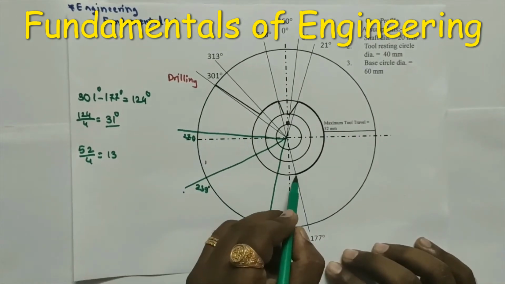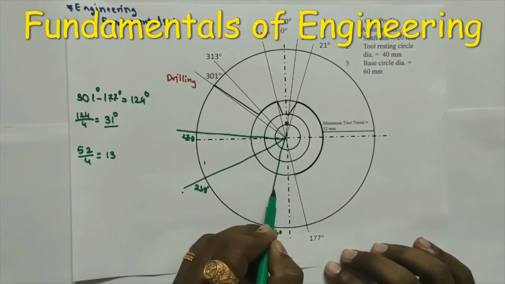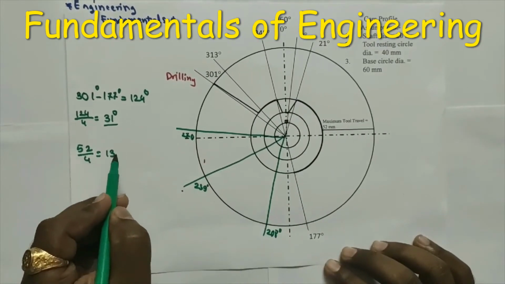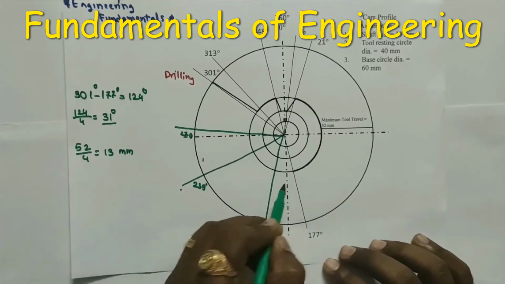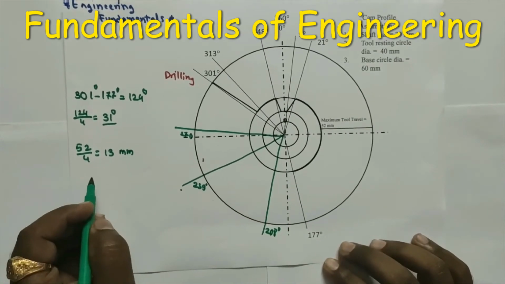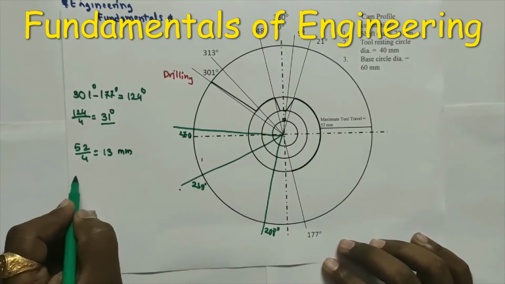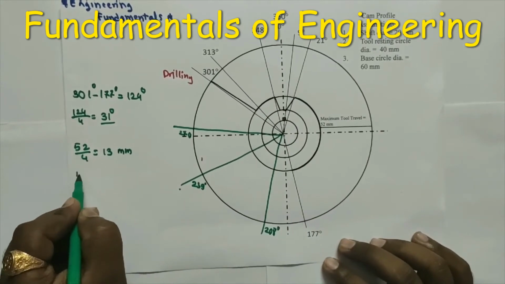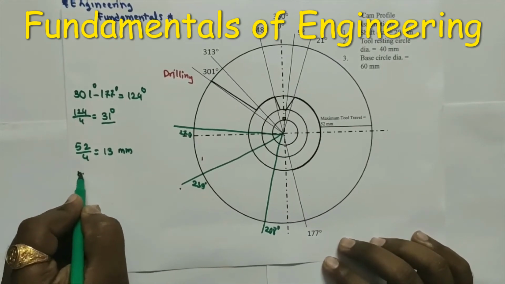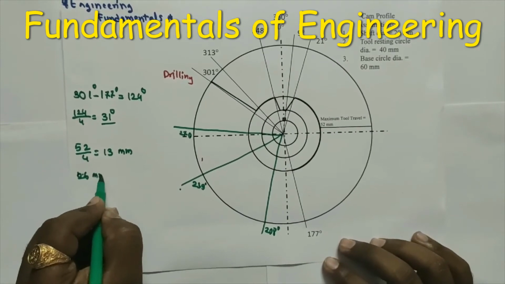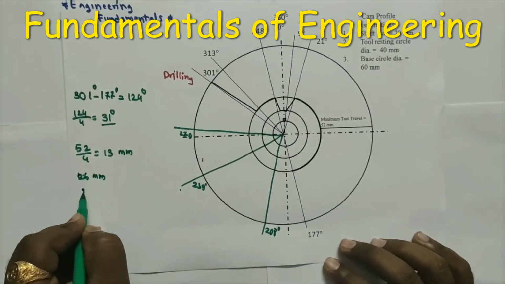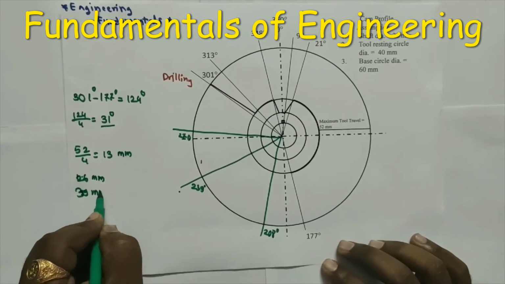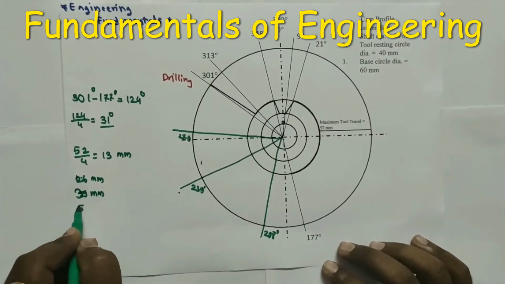From this initial position, for every 31 degree it is rising 13 mm. First from 0 to 13, then the next is 26 mm, then 39 mm, then the last is 52 mm.